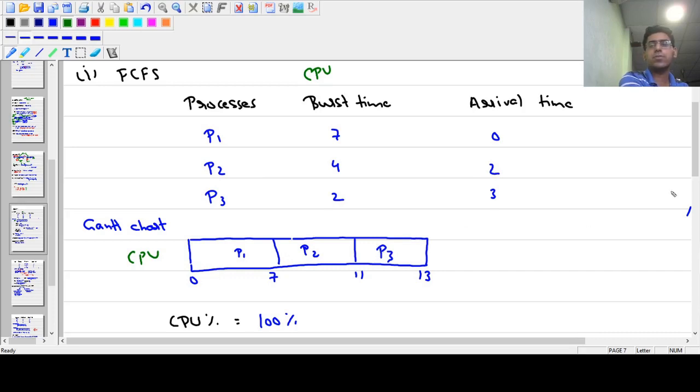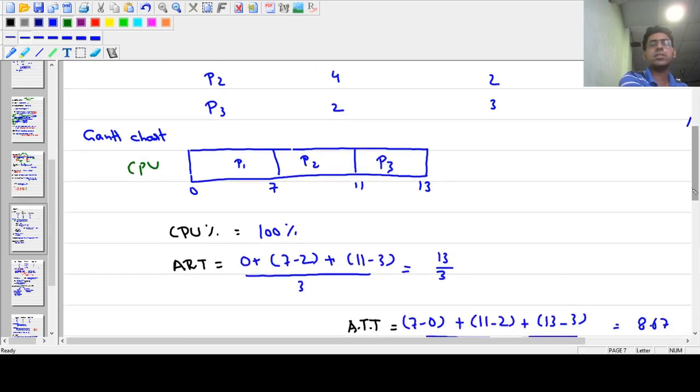So we find that CPU utilization is 100%. Total time is from 0 to 13, and the CPU is not sitting idle at any time. It is fully utilized.